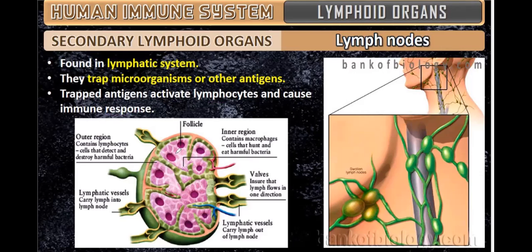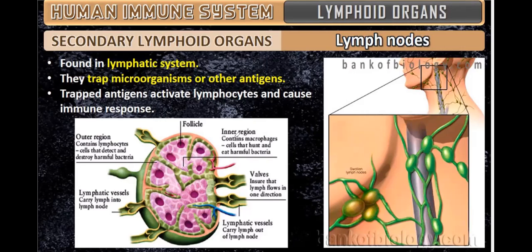So this is one lymph node. The outer region contains lymphocyte cells that detect and destroy harmful bacteria. This is a lymphatic vessel. The lymphatic vessel carries lymph into lymph nodes.